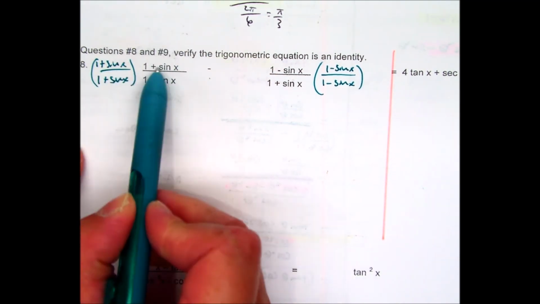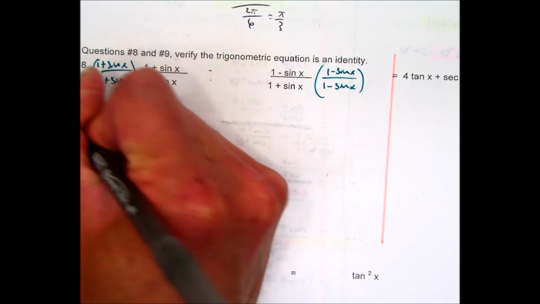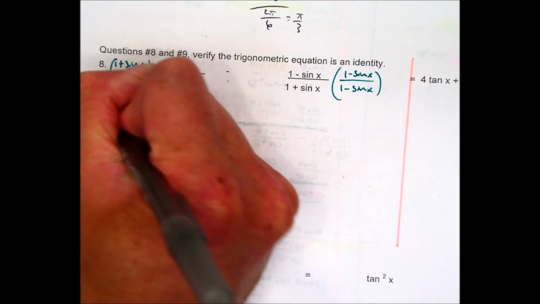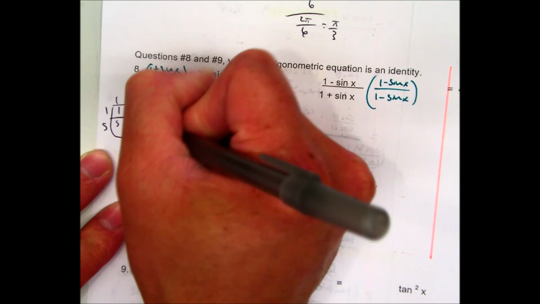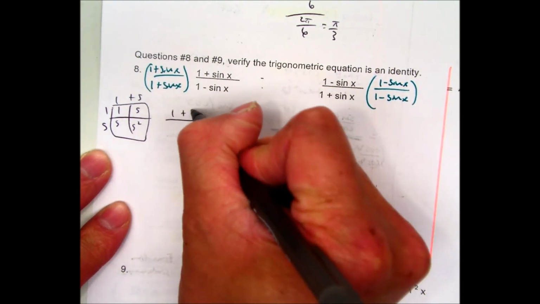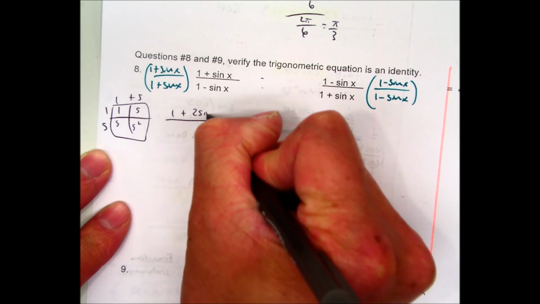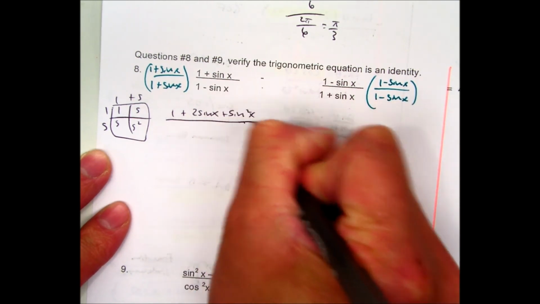Now, if I do FOIL here in the numerator, 1 plus sine, 1 plus sine, you're going to get 1, sine, sine, and sine squared. So my numerator is going to be 1 plus 2 sine x plus sine squared x.